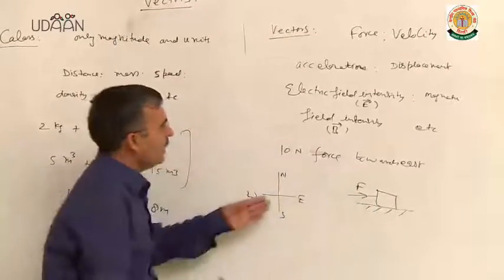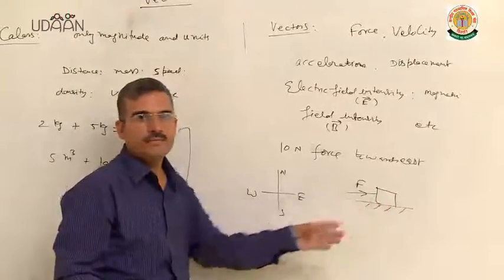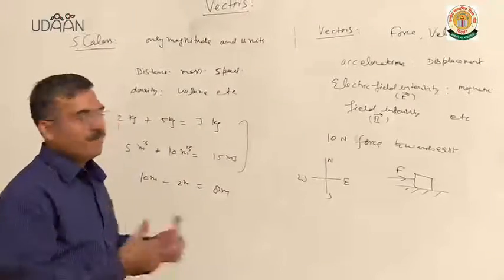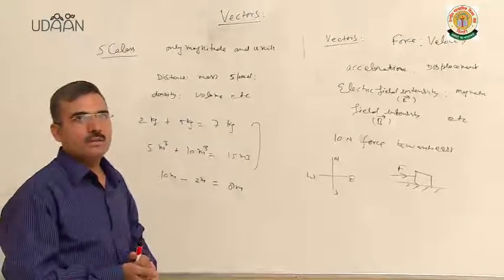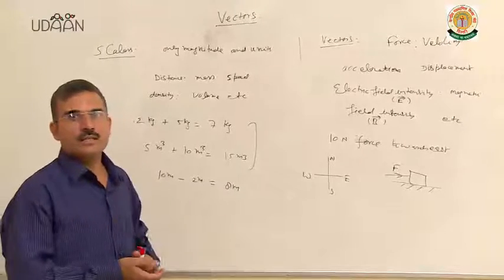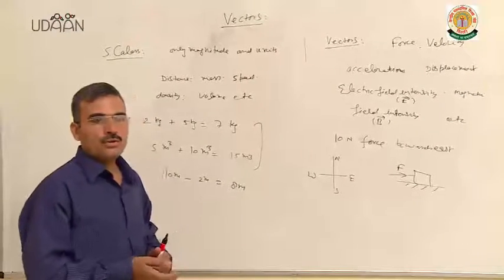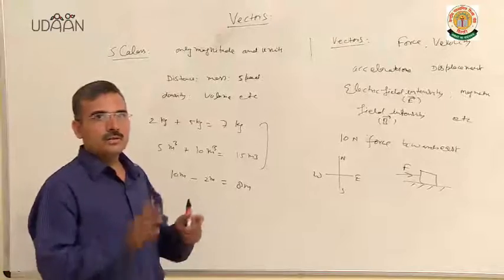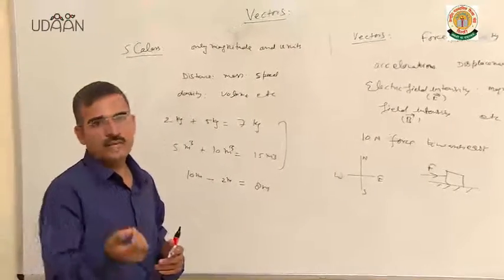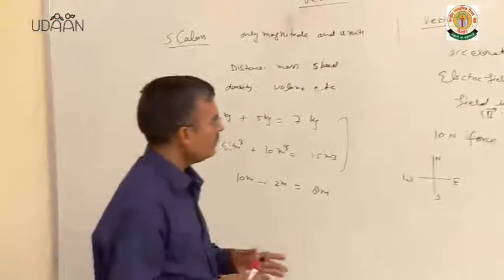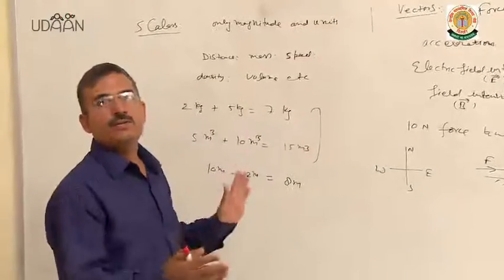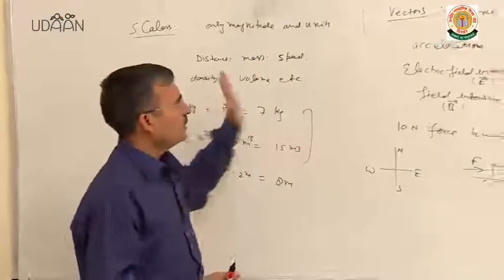Force F is applied toward east. That is complete information. If I say F force is applied on the block, there is confusion in the mind about which direction it is acting. So to completely understand vectors, we need magnitude and direction. Physical quantities are divided into two parts: one is scalars, the other vectors.